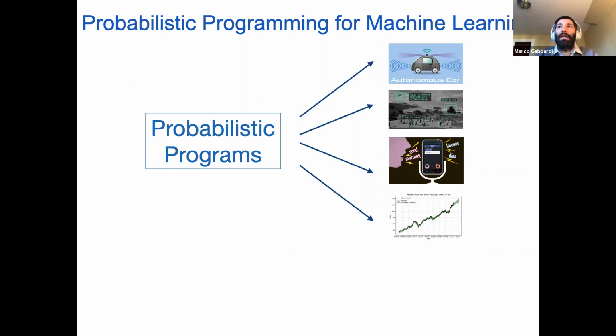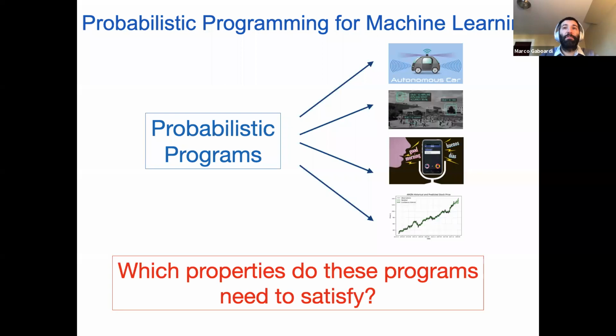Now, one more specific question is which properties do these programs need to satisfy? I would define myself as a programming language researcher more than a verification researcher, but if we put on our verification hat, usually we are interested in soundness or correctness of our programs.